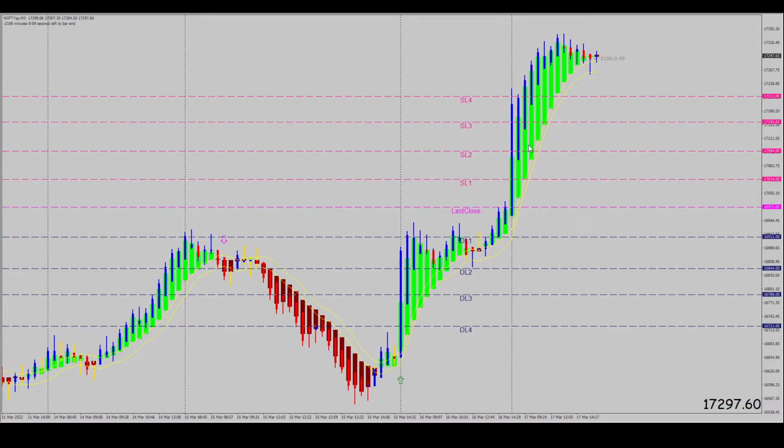This was the long scenario, and then this is the re-entry long, and it continued to ride. But look, there is not even a single instance where the market went against anybody. It's just a continuously bullish signal.